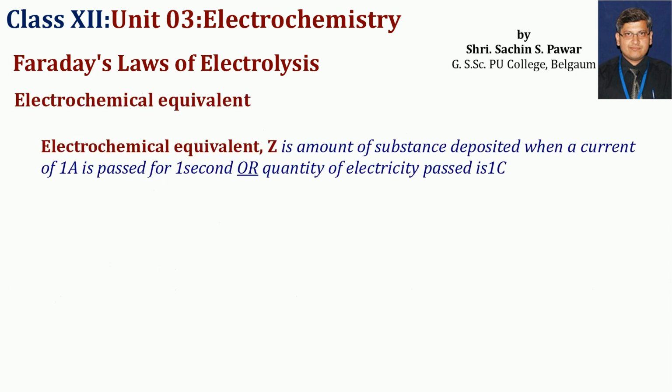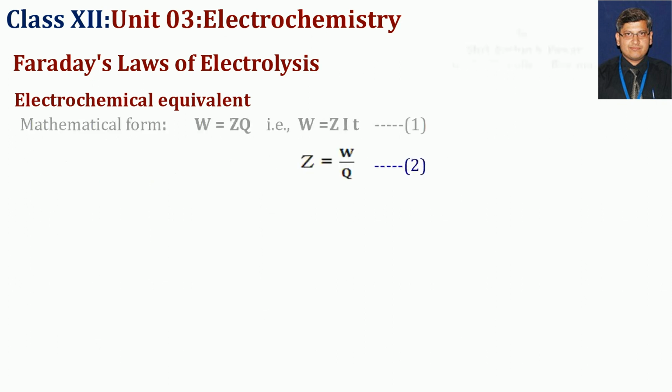Thus, we can define electrochemical equivalent Z as the amount of substance deposited when 1 ampere current is passed through the electrolyte solution for 1 second, or as the amount of substance deposited when 1 coulomb of electricity is passed through the electrolyte solution.